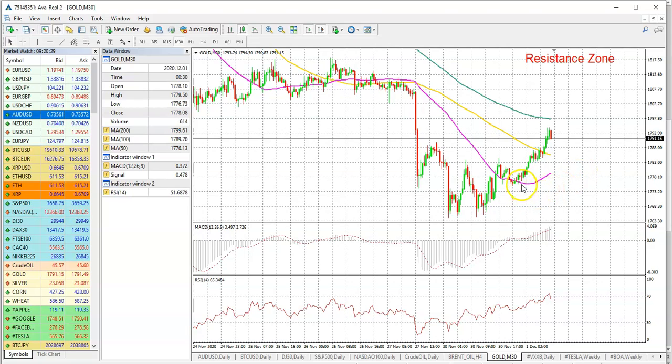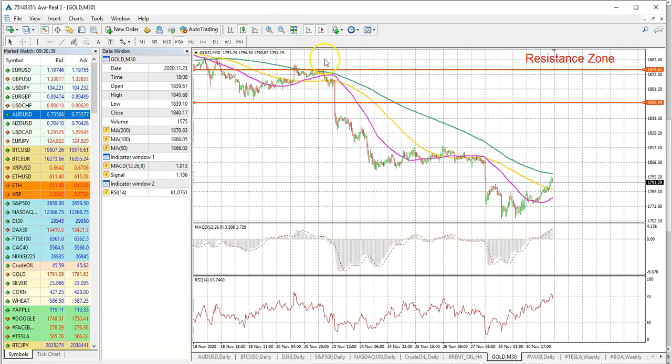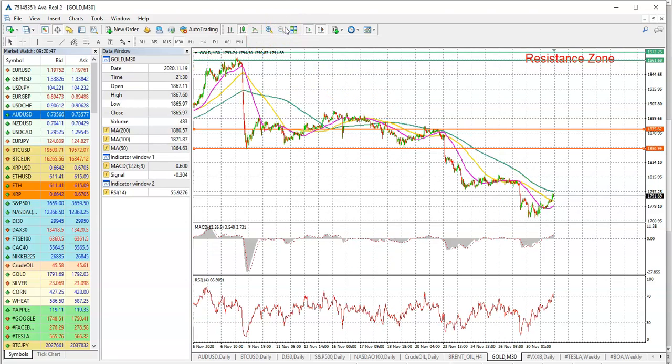Then it had a retest, and then it broke above the 100-day simple moving average on the 30-minute time frame as well. Now it is about to challenge its 200-day simple moving average. Clearly, if the price breaks above that, that would be very positive for the prices, because the last time it happened, it was quite a long time ago.